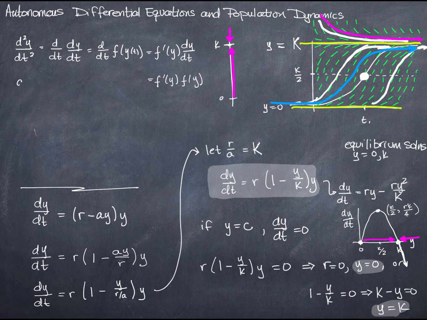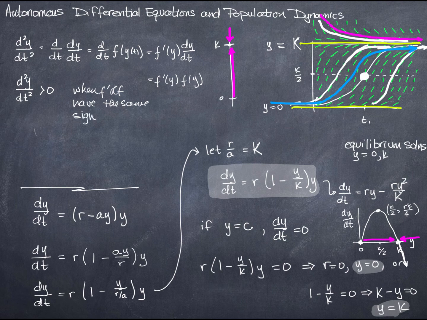So I'm going to observe that d squared y over dt squared is greater than 0 when f prime and f have the same sign. And it's negative where they have opposite signs, where one is positive, either one, and the other one is negative.